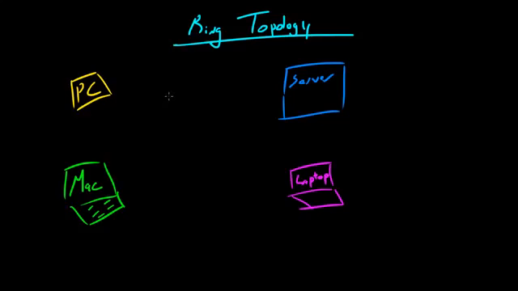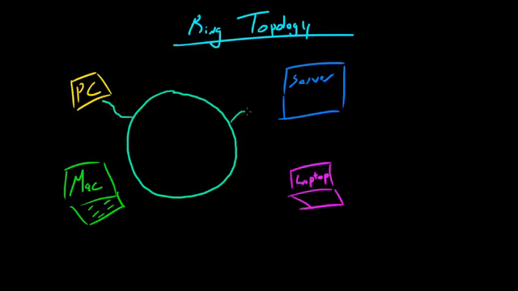Now, what the heck is a ring topology and how does it differ from a bus topology? Well, you can remember it because all of these devices are connected to one main ring. So say that this is Ethernet, and this is your main ring, and this is of course all Ethernet cord right here.